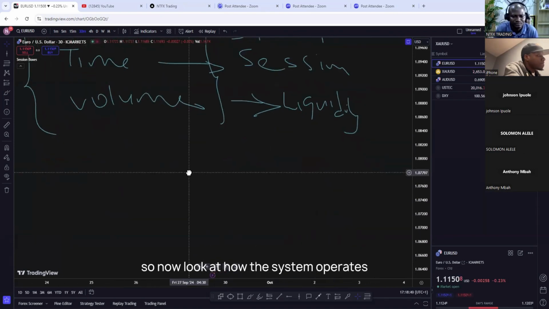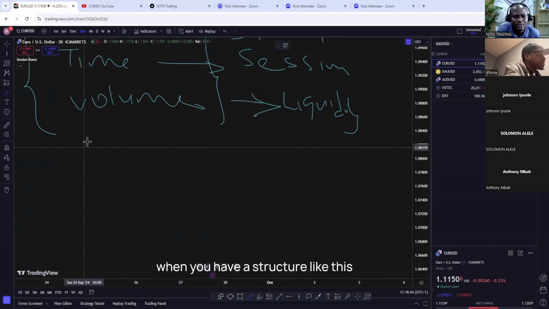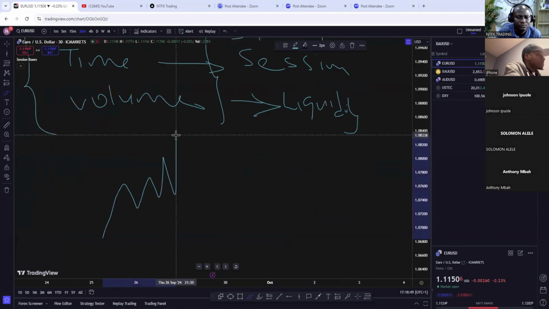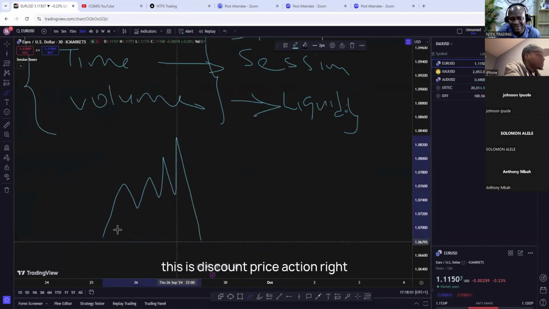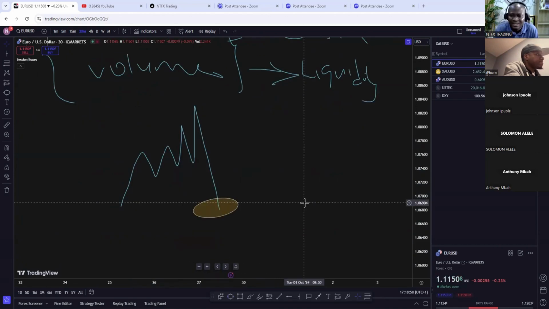So now, look at how the system operates. When you have a structure like this, this is a discount price action, meant for you to buy here. Now, listen to me very well, because these things have dynamism. It doesn't occur in one pattern, and I will show you an example.